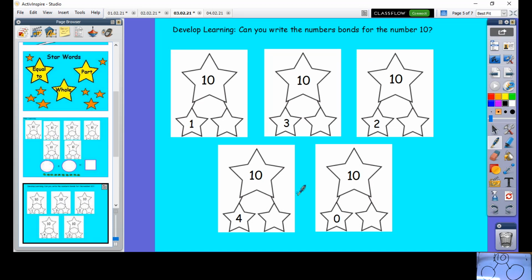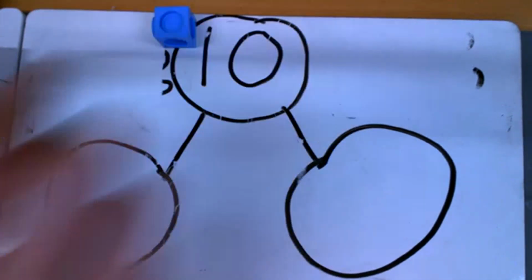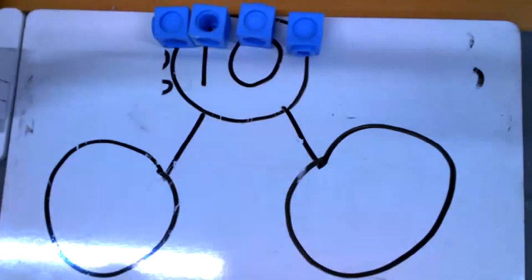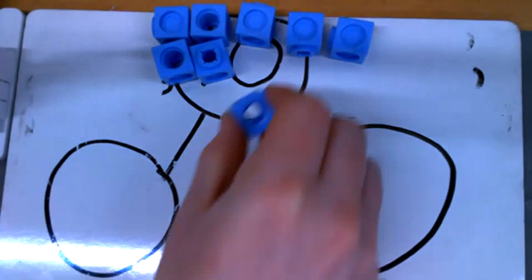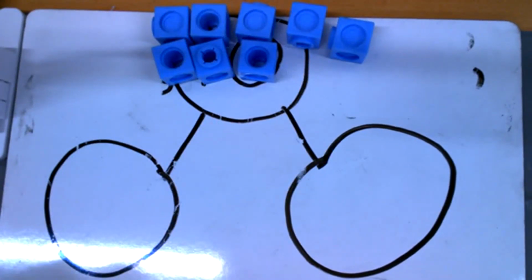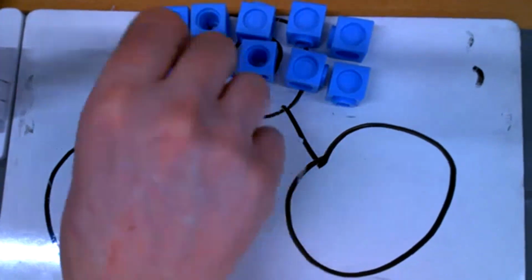So we've got a 10 and a 1. We need to work out the other part. So 10, I need how many cubes? 10. 1, 2, 3, 4, 5, 6, 7, 8, 9, 10. 10 cubes. I have 1 over here.